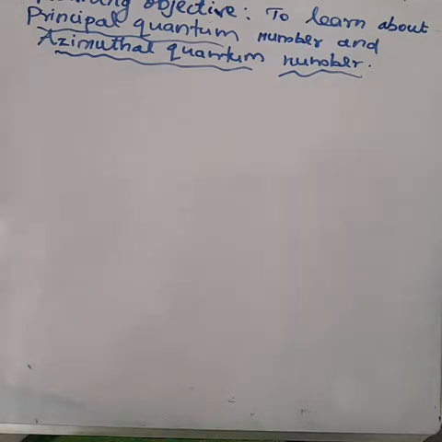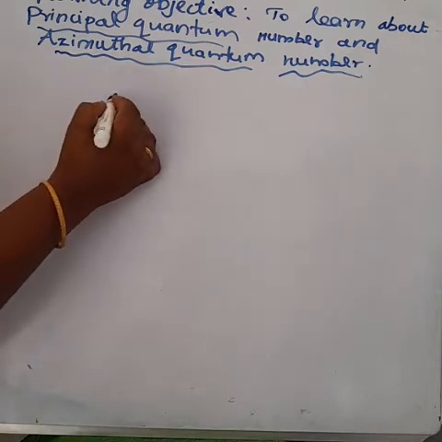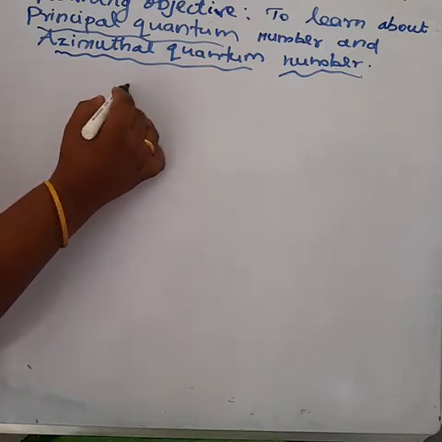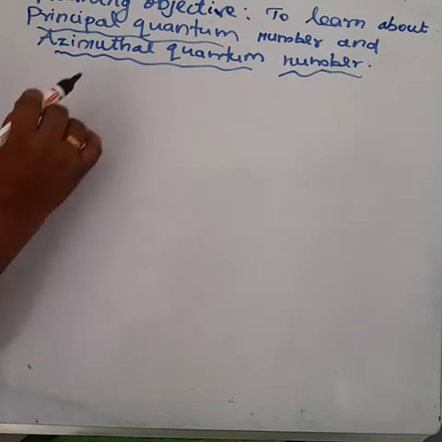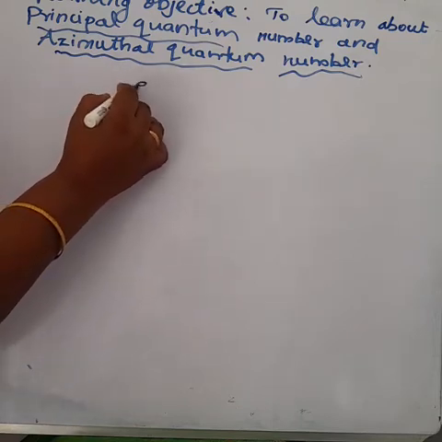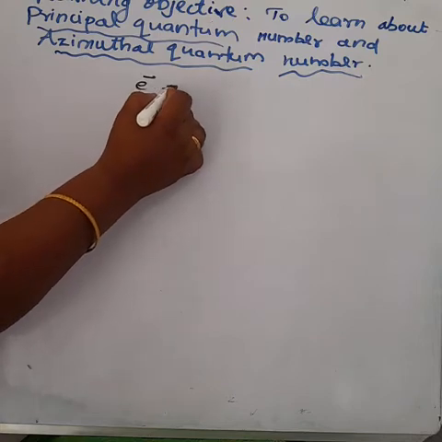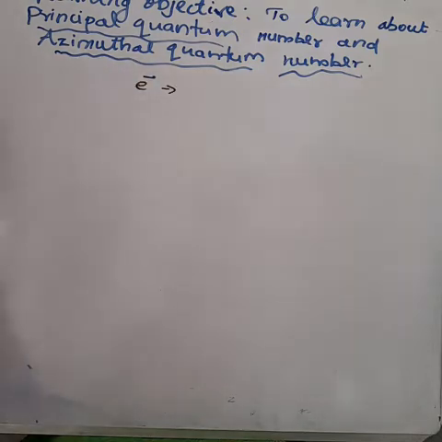The electron in an atom can be characterized by a set of 4 quantum numbers. What do we mean by characterized? Whatever characters.